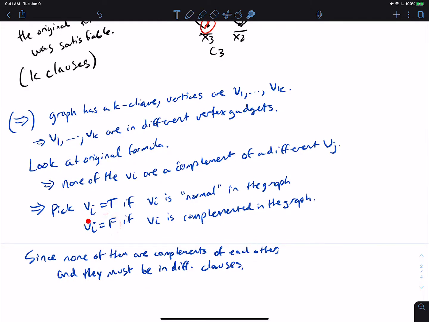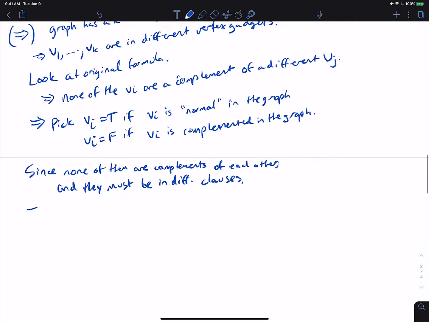And if we picked false, where vi is the complemented version, then vi bar is true, which means the clause is satisfied. So this yields a satisfying assignment.